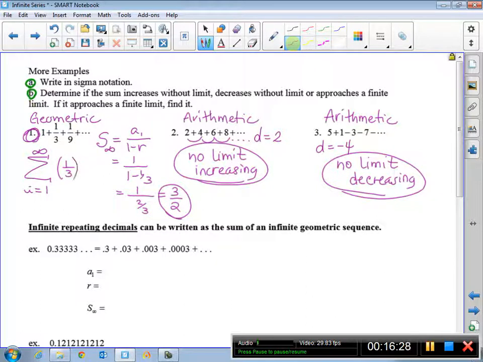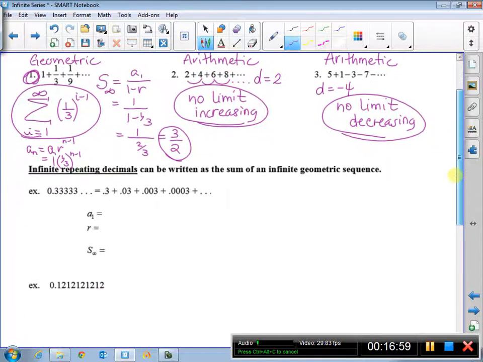It's a times the r value to the i minus 1. So if we did the any term expression for a geometric, we would say it's a sub 1 times r to the n minus 1. Well, in this case, a sub 1 is 1, and r is 1/3, and n minus 1 would be my exponent. So that's how I got that. All right.